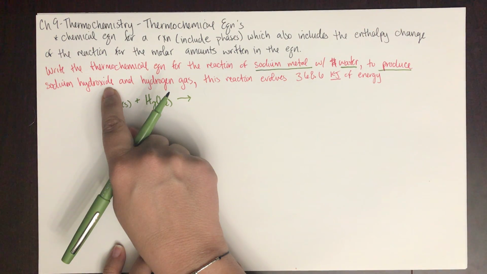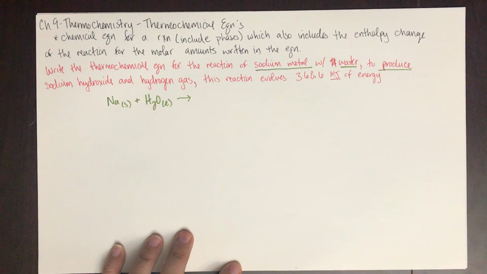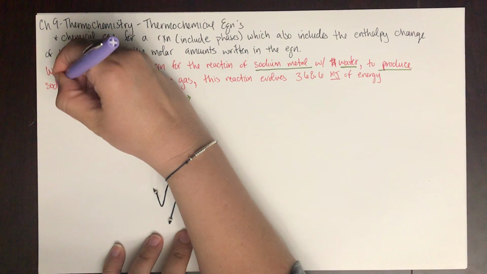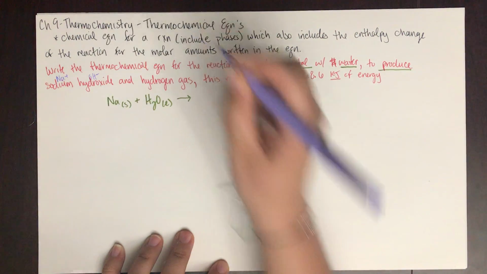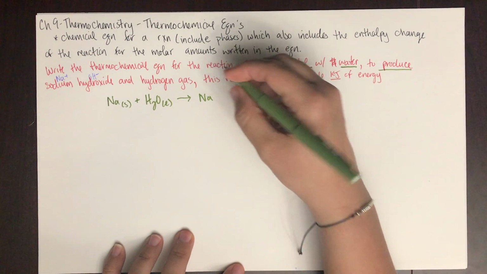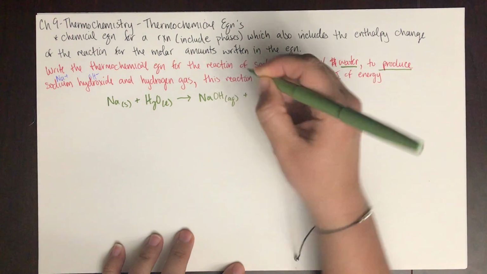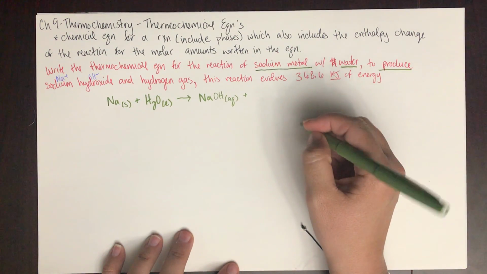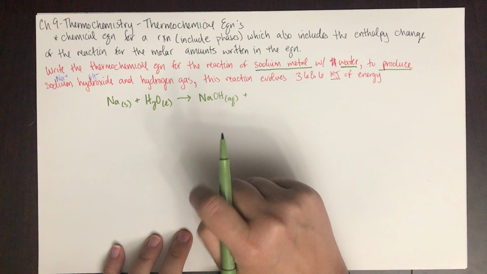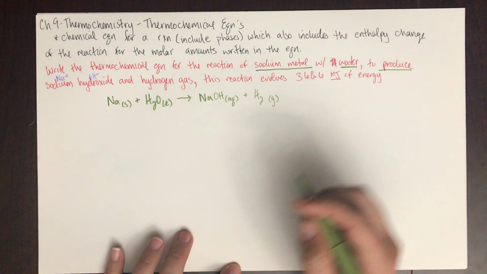That's one of the polyatomic ions you need to know, hydroxide. I'll just write that. Na plus OH minus, so that's sodium hydroxide, NaOH, this is aqueous, plus hydrogen gas. Hydrogen, remember, is one of the diatomic molecules, so it's H2 and it's a gas.